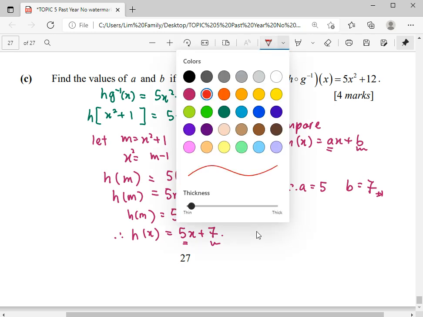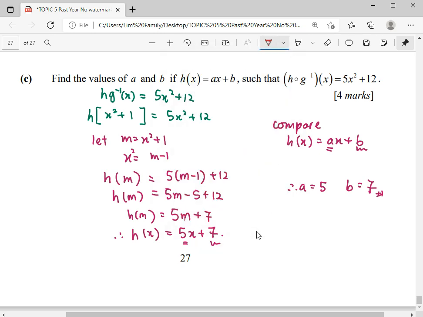So what is important for marks, you have to tick down the first one, how you use the composite function here. And then we can simplify.